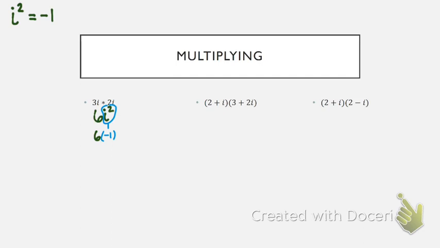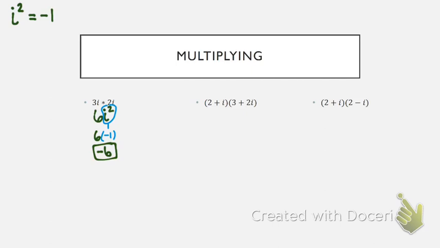So we have 6 times negative 1. So it's actually negative 6. So 3i times 2i is 6i squared. But if we're solving a problem and end up with an i squared, we turn the i squared into a negative 1. So 6 times negative 1 is really just negative 6.